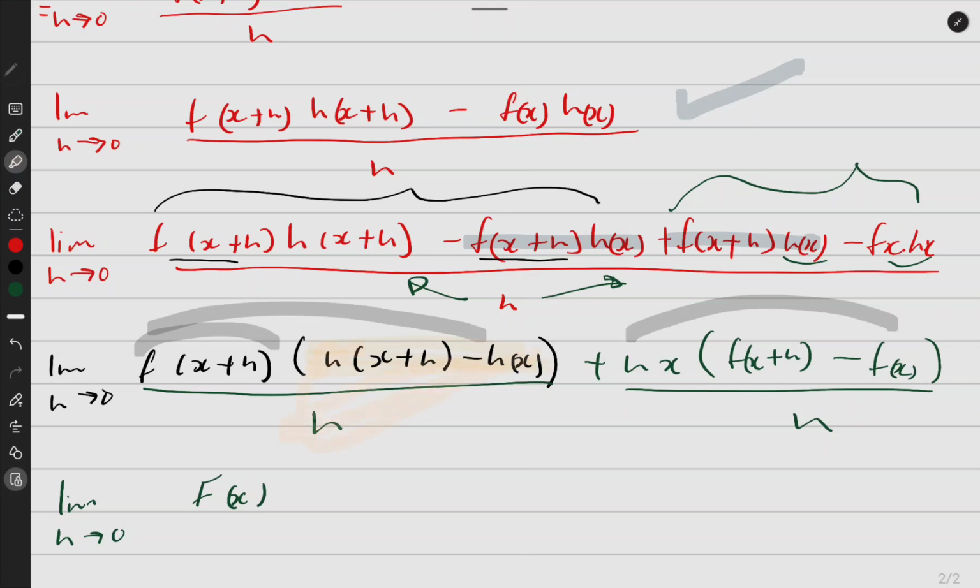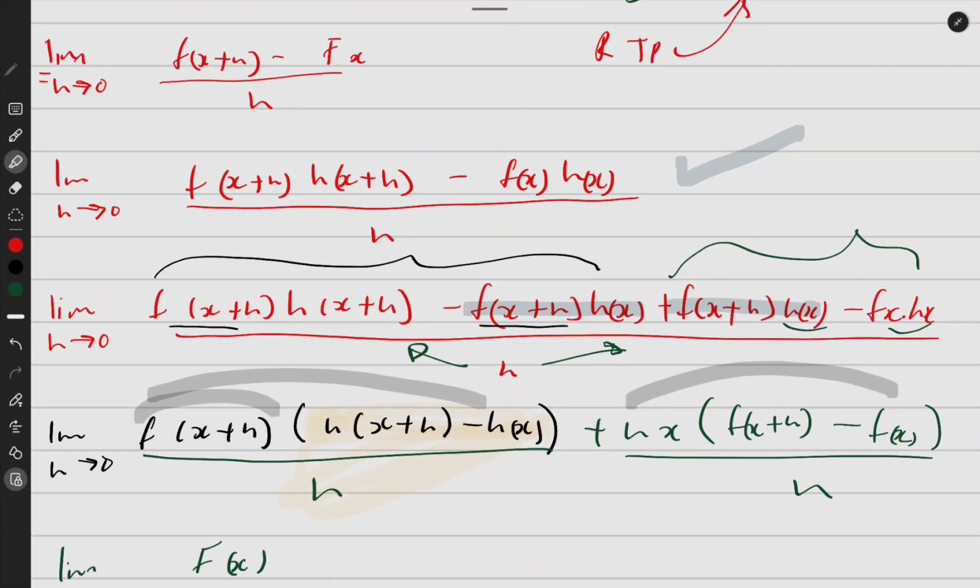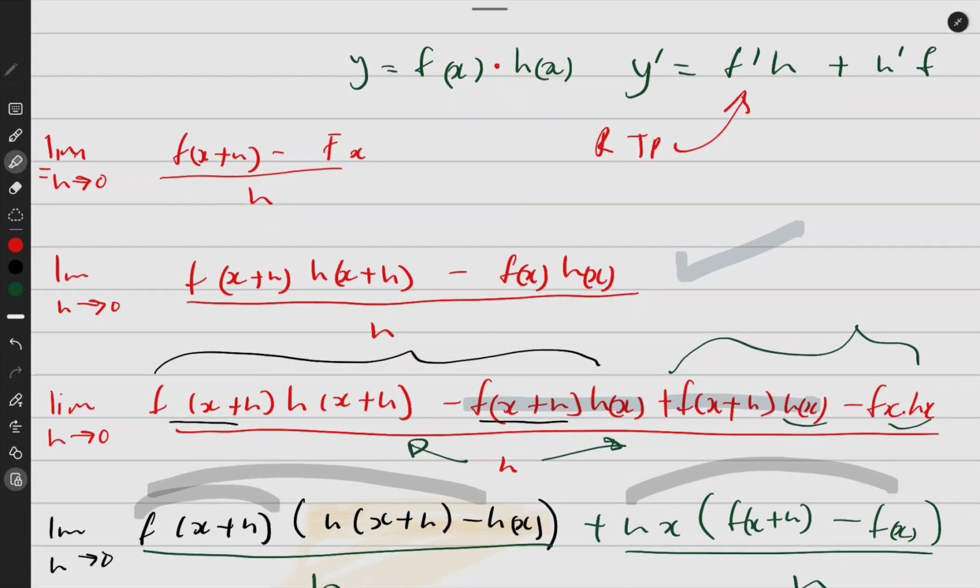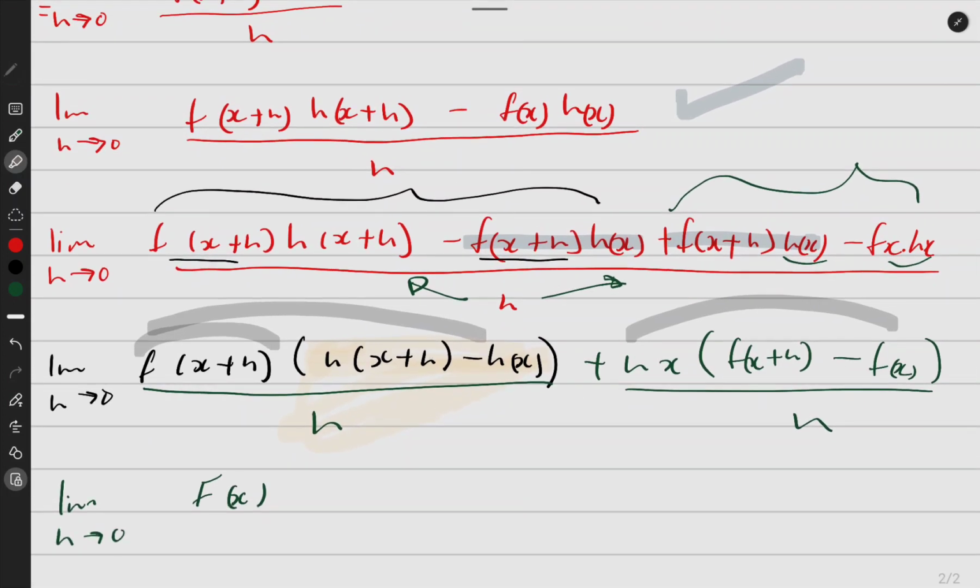this thing, we know this thing is almost the same as the first principle. So if you notice, if we were supposed to take the limit as h approaches 0 of h of x, we would have gotten this. So this is the same as, let me just remove this, I'm already taking the limit, so let me just use the equal sign.